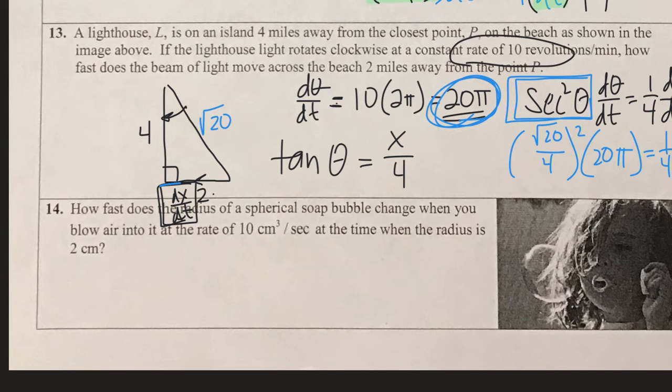Okay, 14 down here. Let's see what we got here. A spherical soap bubble. So how fast is the radius changing? We want dr/dt when you blow air into it at a rate, so the volume is changing at 10 cubic centimeters, and the radius is 2.